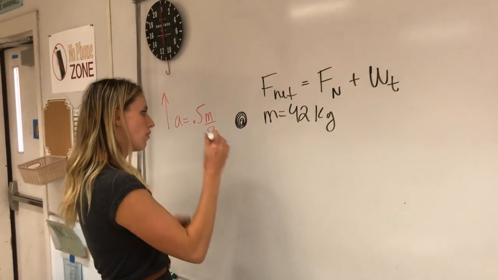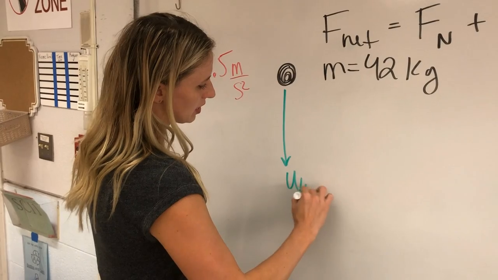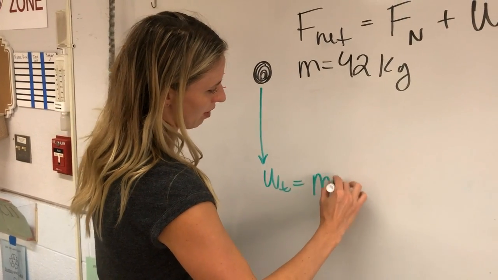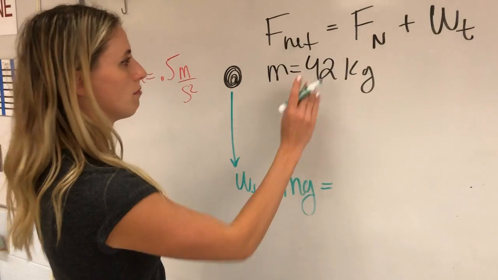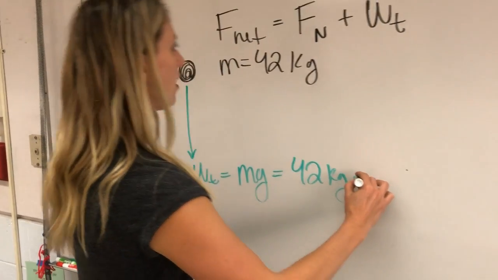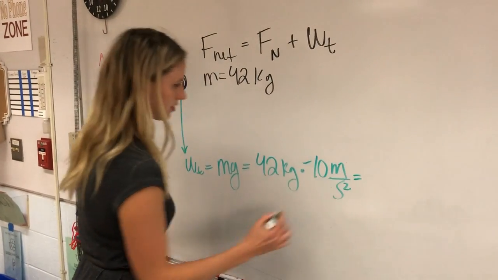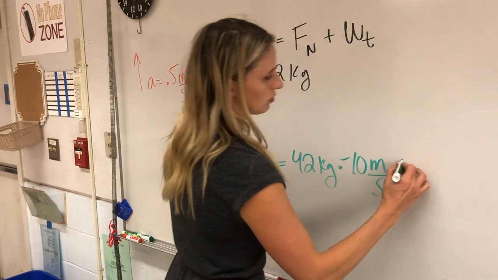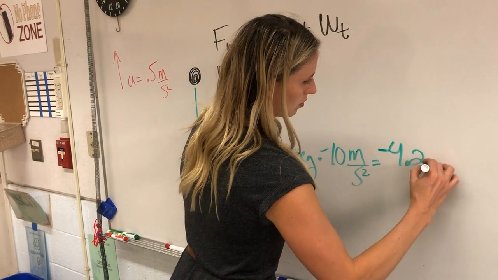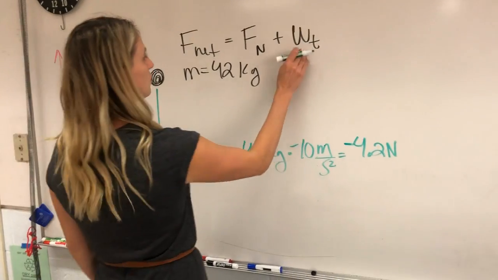We know that weight equals mass times gravity, right? So we know what our mass is times gravity, negative 10 meters per second squared. And this gets me negative 4.2 newtons.